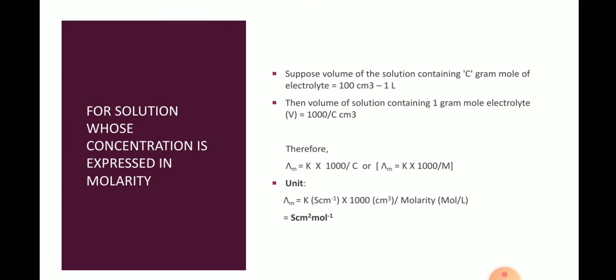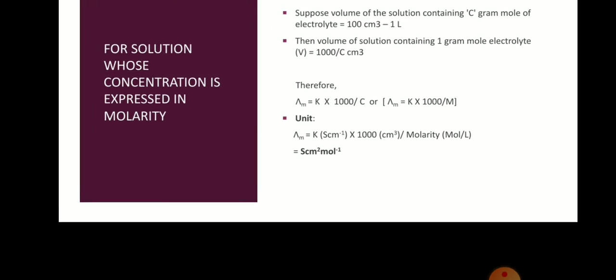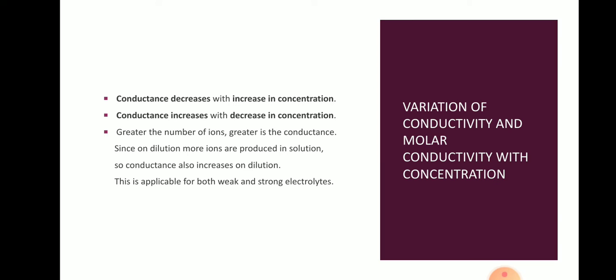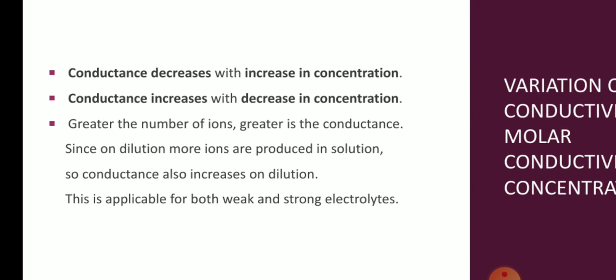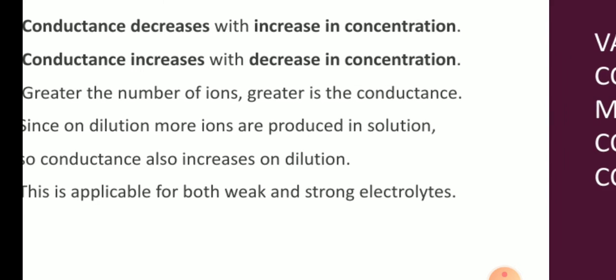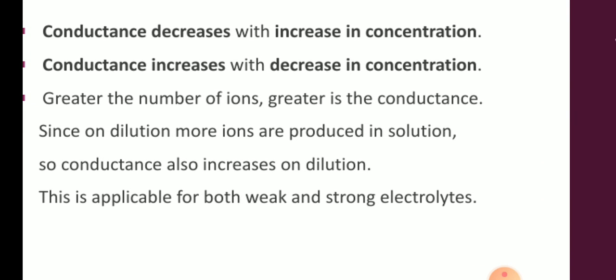The main thing that I have to discuss with you is the effect of dilution on conductivity and molar conductivity. Conductance decreases with increase in concentration, and conductance increases with decrease in concentration. Greater the number of ions, greater is the conductance, since on dilution more ions are produced in solution.